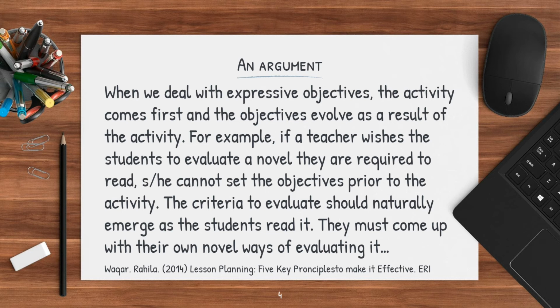The criteria to evaluate should naturally emerge as the students read it. They must come up with their own novel ways of evaluating it. So this is a proposition given at the top and then an argument that supports that proposition.